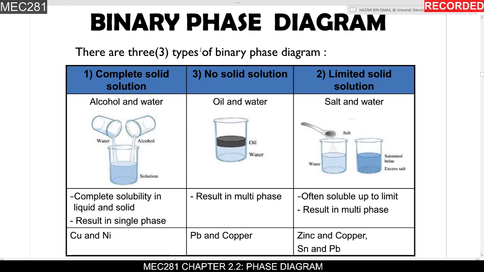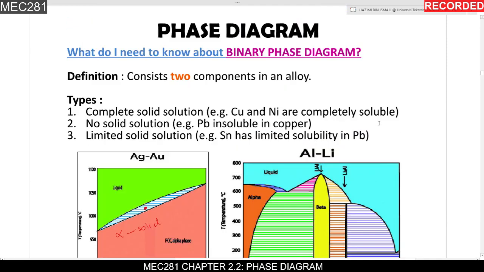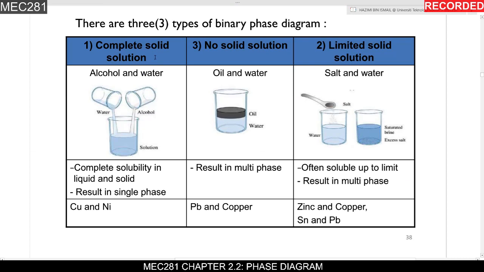Binary phase diagram. Here there are three types of binary phase diagram as stated here. First, we have the complete solid solutions. What does it mean?